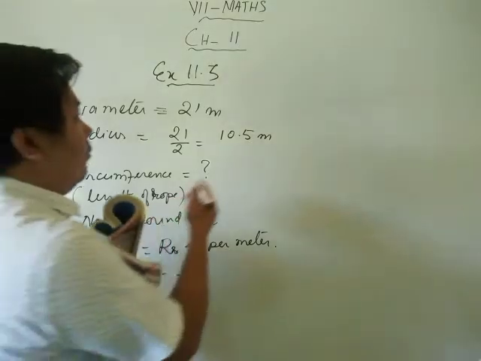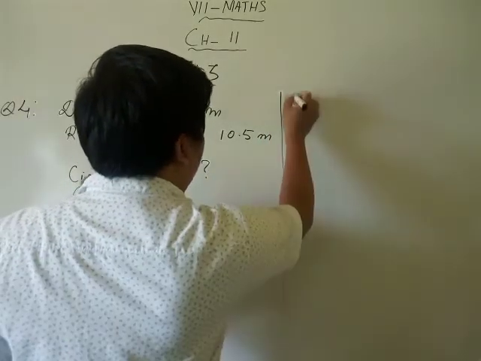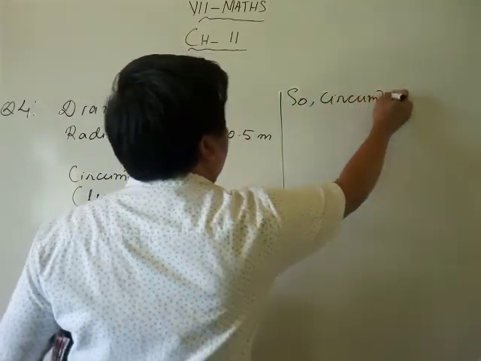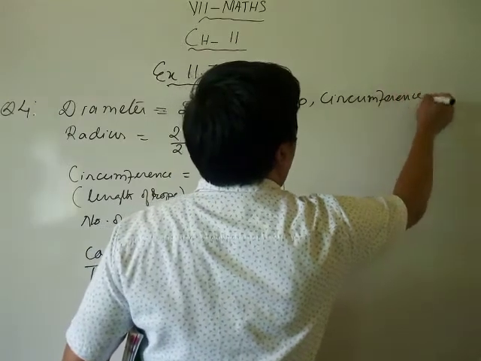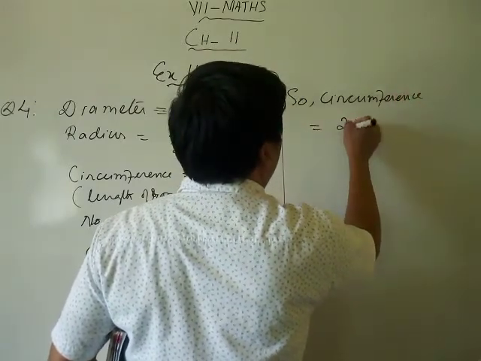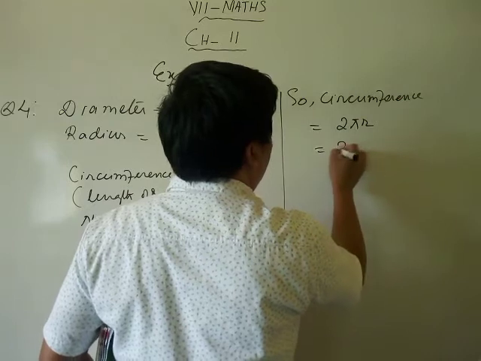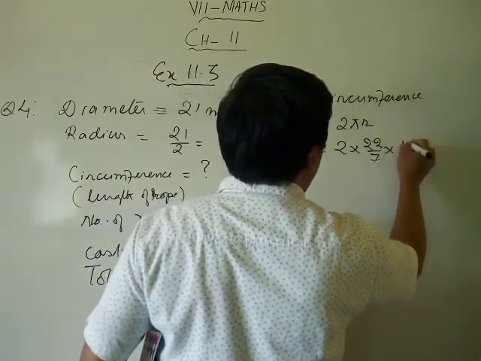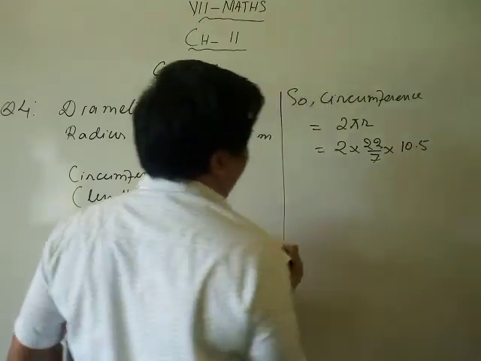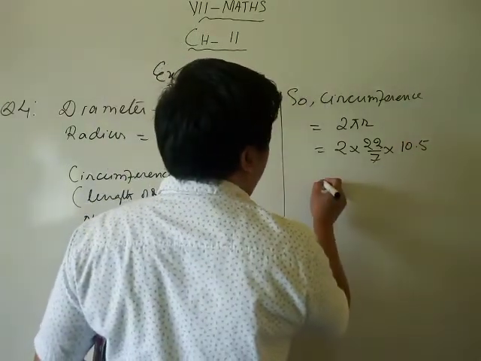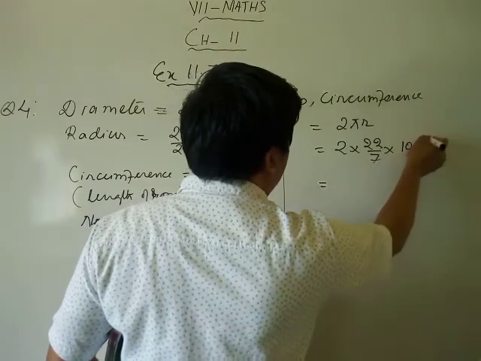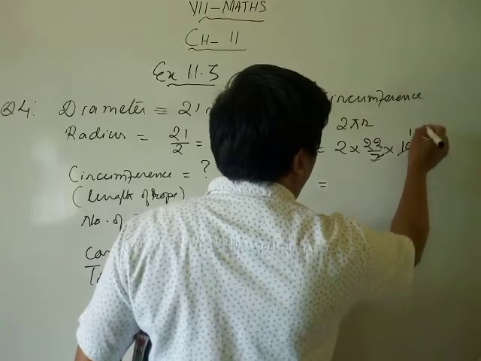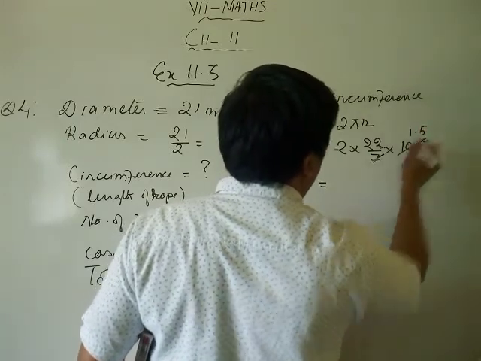So first of all, what do we have to find out? The circumference is equal to 2 pi r. You can use 2 into 22 by 7 into r, which is 10.5. Now you see, my dear student, this 10.5 and 7 can cancel. 7 ones are 7, and 1.5 remains.